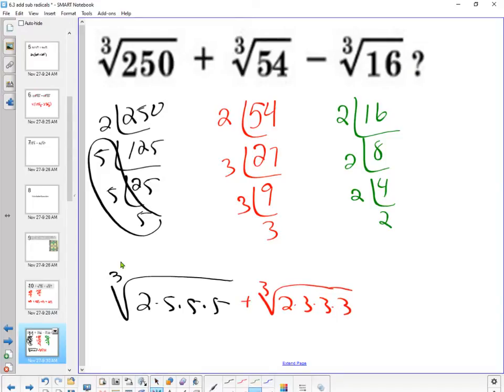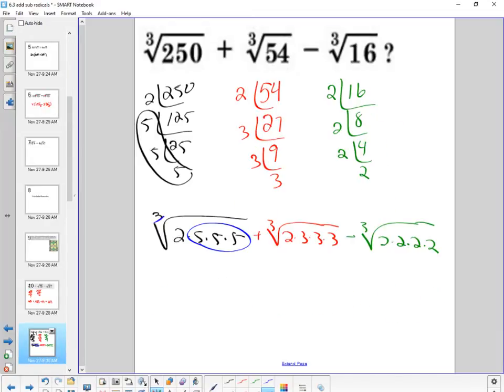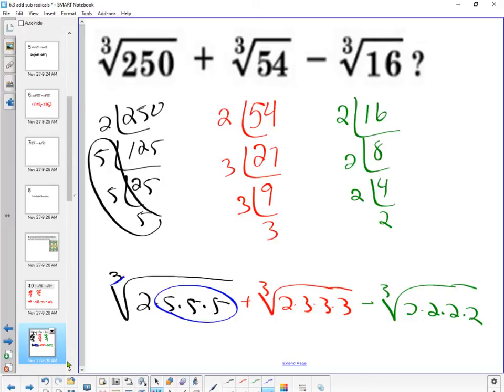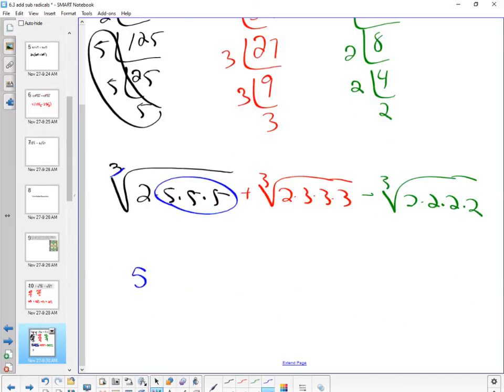And then finally we've got minus the third root of 1, 2, 3, 4. What you're doing essentially here is that for every 3 of them, 1 gets to come out. So this is going to be 5, third root of what's left, which is 2.